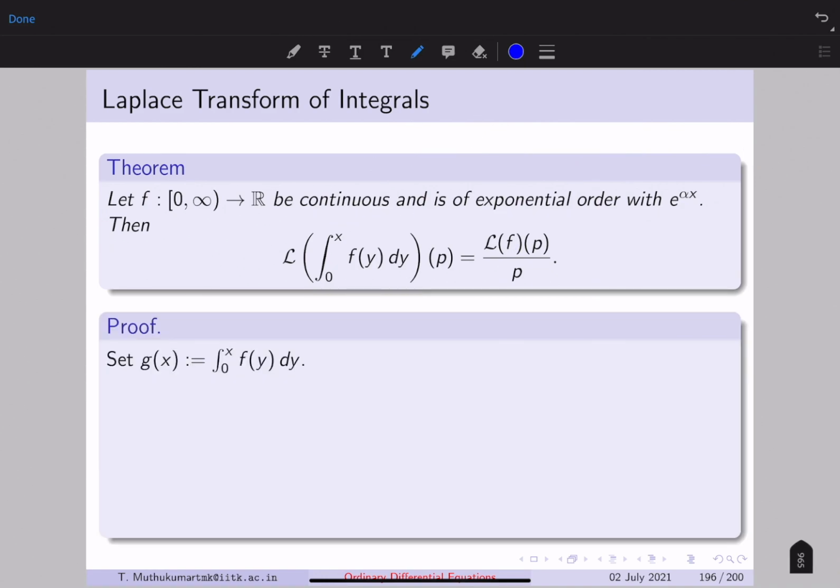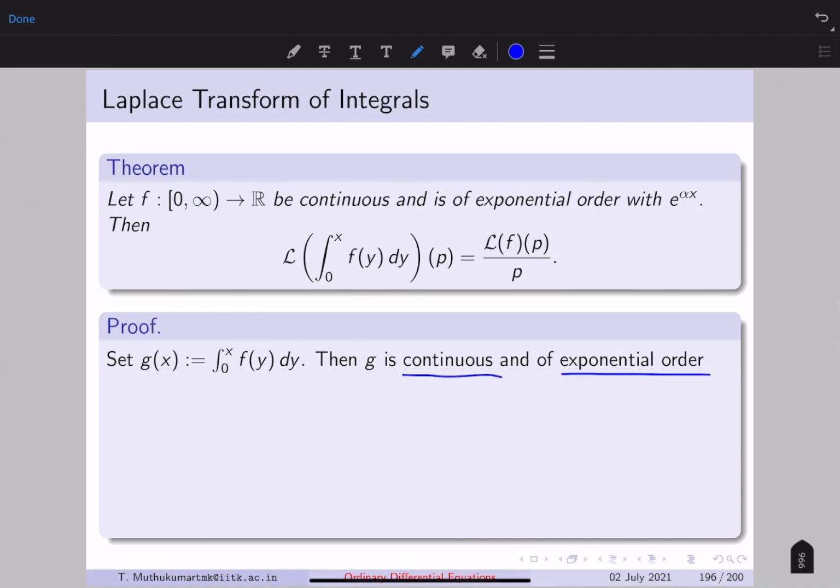So let's set g to be the integral of f, which is this. So g of x is this. Automatically you see that by definition g of 0 is 0, because the integral is from 0 to x. And g is continuous and it's of exponential order. How do we know that?